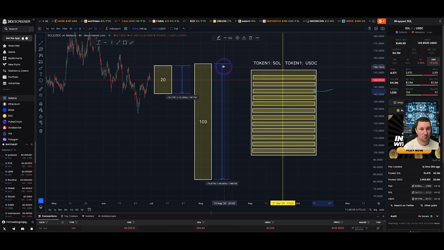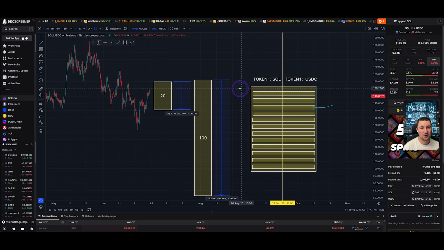So for example, when you want to DCA into SOL, you can put your liquidity one-sided, you just put only USDC, and when the price goes down, you buy more SOL in these bin steps, and when you want to sell your SOL at a higher price, then you set your bin step and you can, for example, sell your SOL into USDC at higher prices when the price is moving up.